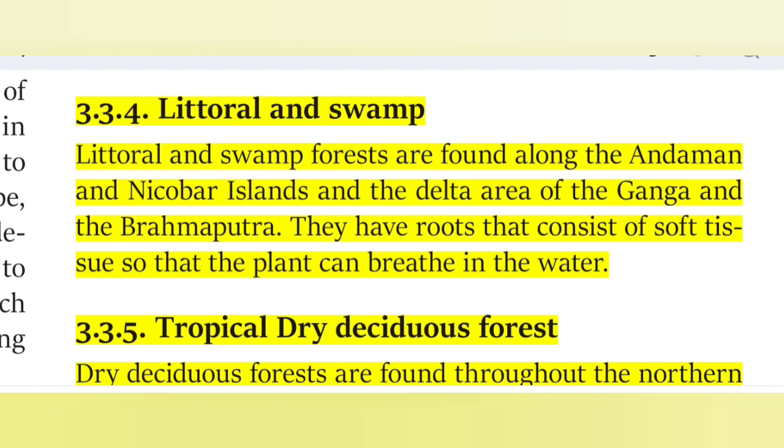So these plants grow in wet soil, okay, littoral and swamp forest. They have roots that consist of soft tissue, because mud is always wet. So they have roots that consist of soft tissues so that the plant can breathe in water.